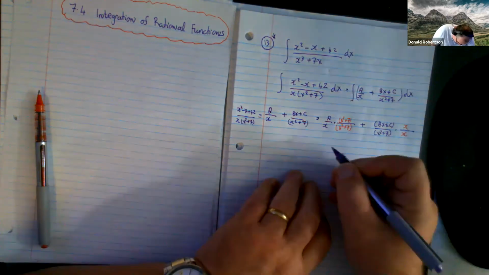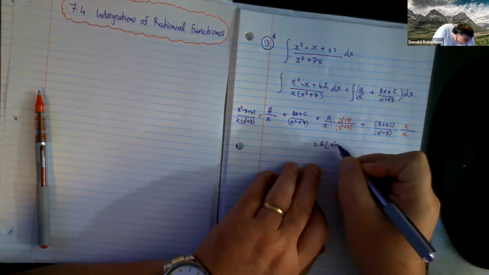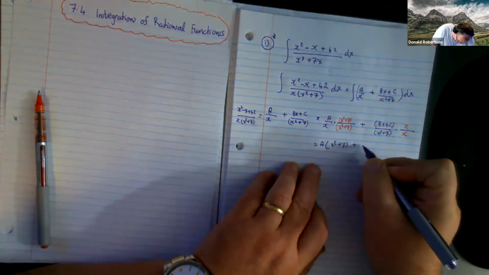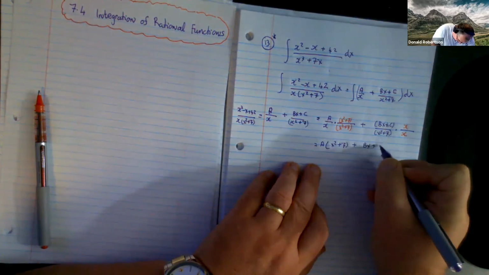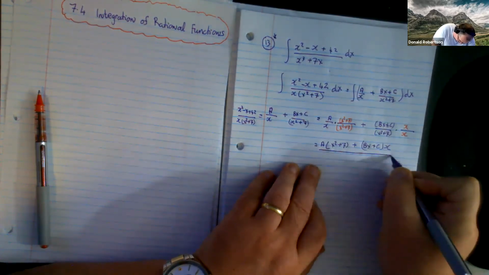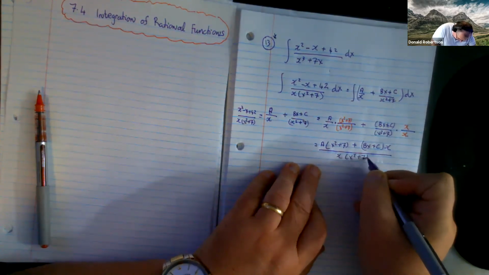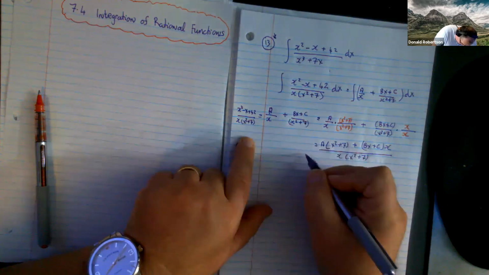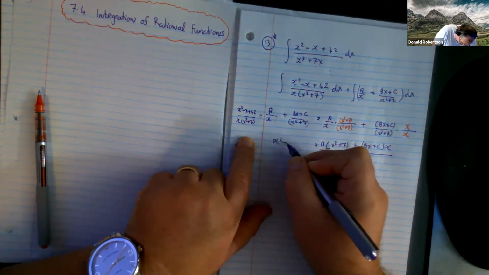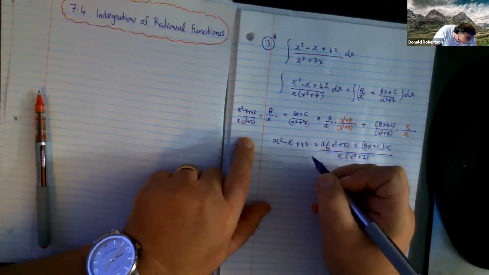Now that means I can go A times x squared plus 7, plus Bx plus C times x, all over x times x squared plus 7, and it is equal to this over here. So it's equal to x squared, take away x, plus 42.